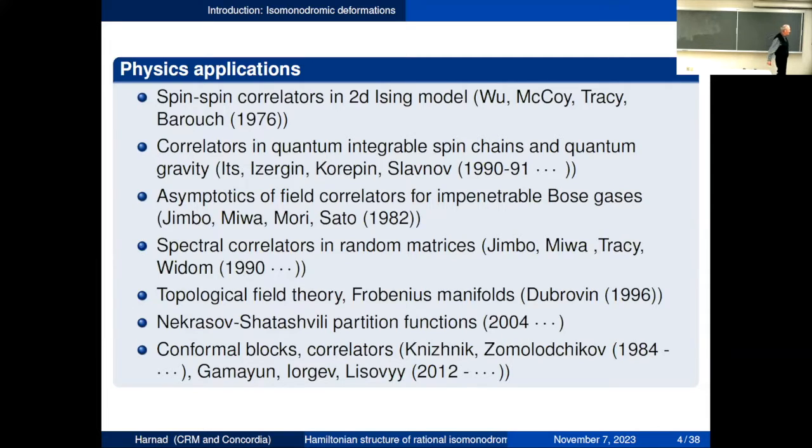the supersymmetric equation. And finally, quite recently, in ongoing work, there's been a very close connection made between conformal field theory and isomonodromic deformations. Basically, the isomonodromic tau function, which we'll be encountering later on, admits a sort of combinatorial expansion.